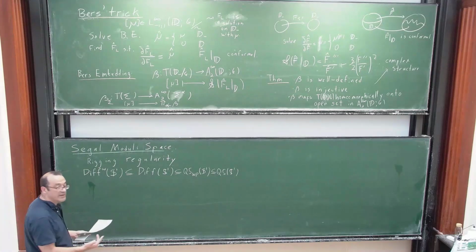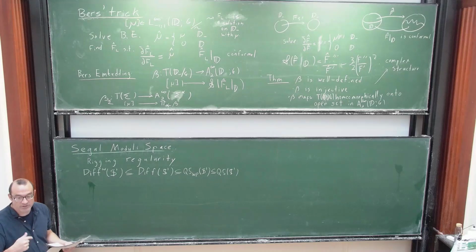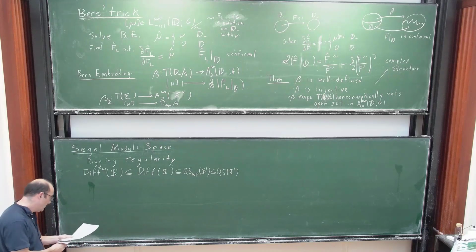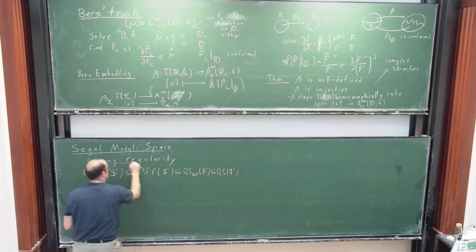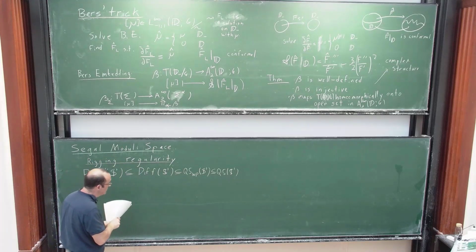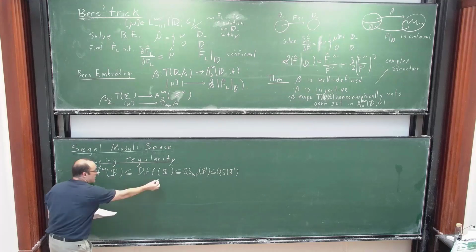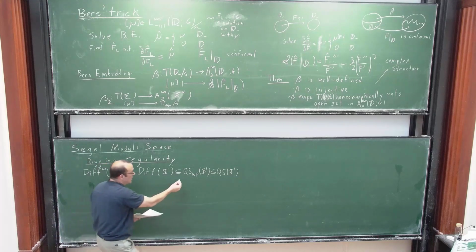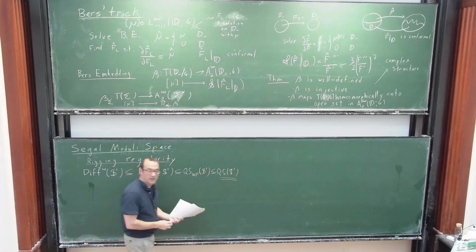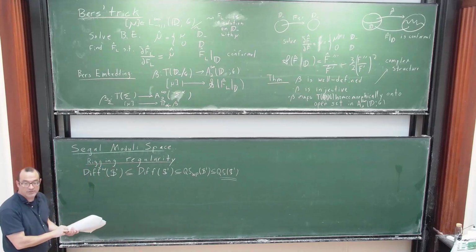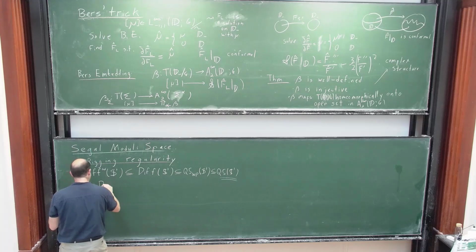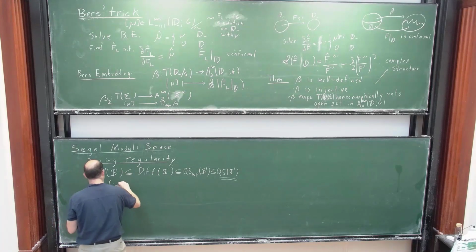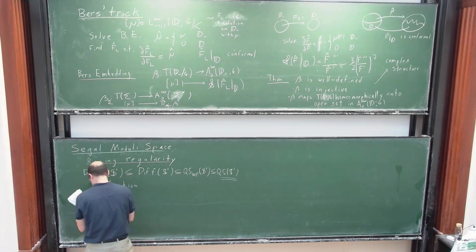So you have some choice here in the Segal moduli space of what you're going to parameterize by. These are the customary ones in CFT, but I'm going to use this one in order to make the connection with the Teichmüller space. So here's the definition of the Segal moduli space.